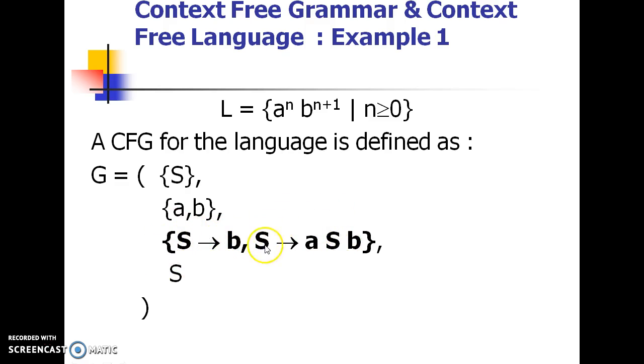The recursive definition will generate all strings consisting of number of a's equal to number of b's, and the additional b we can get from the production S giving b. And the starting variable is S.